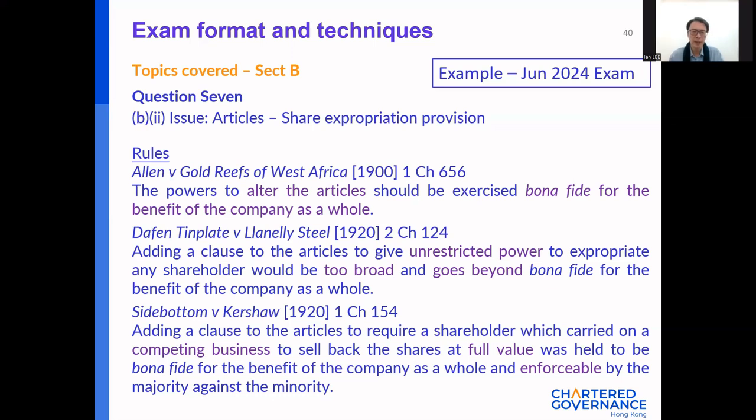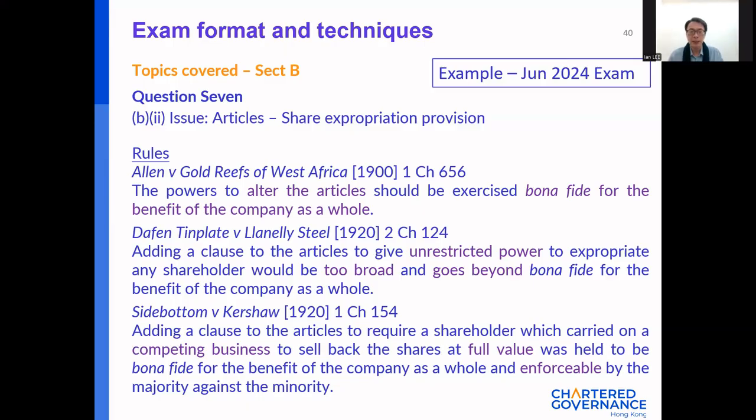So in the Sidebottom case, they added a clause to the articles to require a shareholder who carried on a competing business to sell back the shares at full value. This was held to be bona fide for the benefit of the company as a whole and enforceable by the majority against the minority.